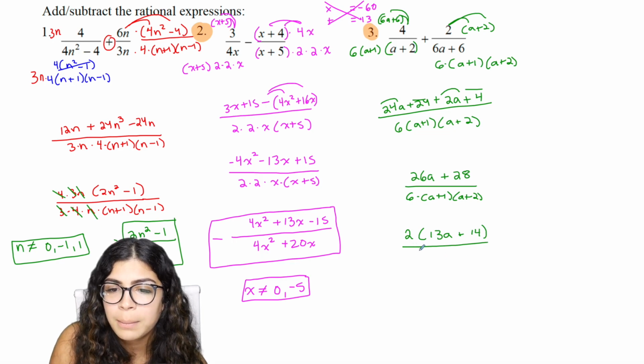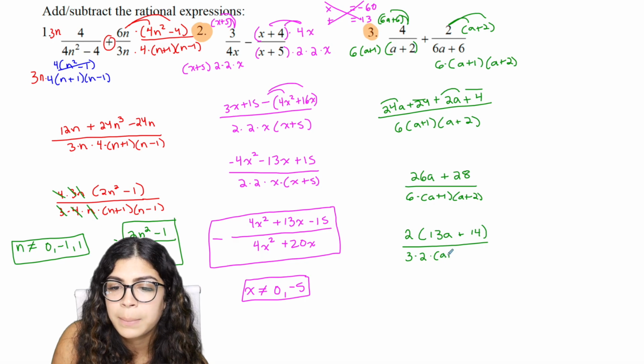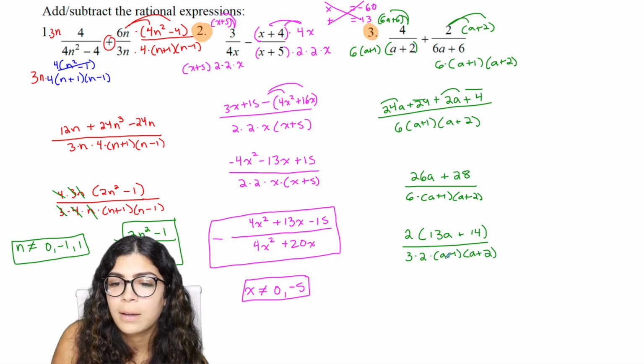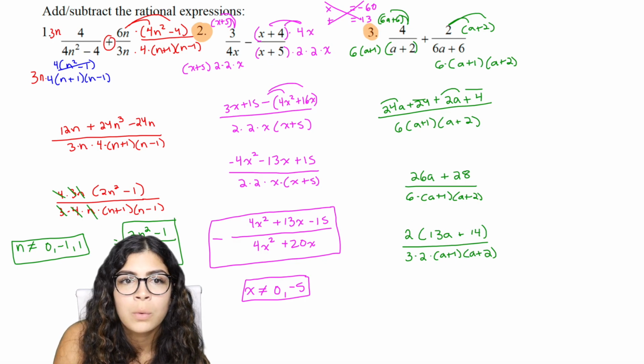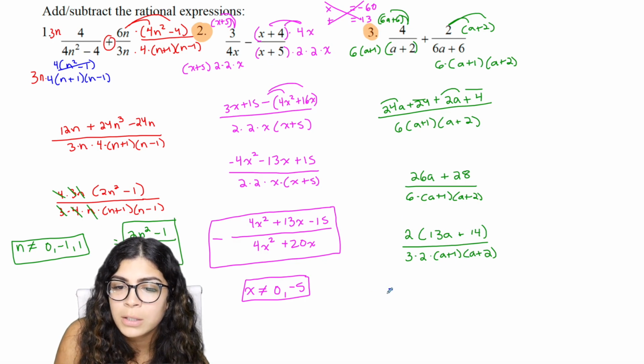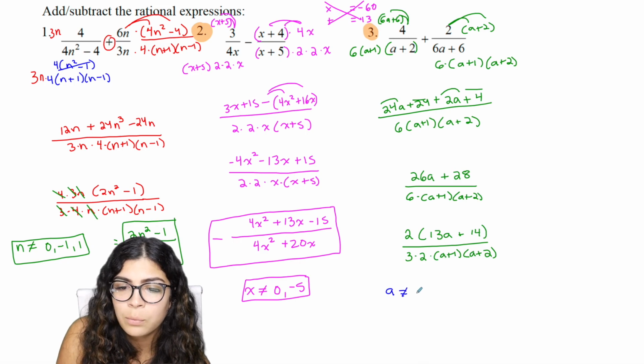And in the denominator, it would be 3 times 2 times a plus 1 times a plus 2. So now that it's factored as much as possible, we can go ahead and write our excluded values. A cannot be -1 or -2.